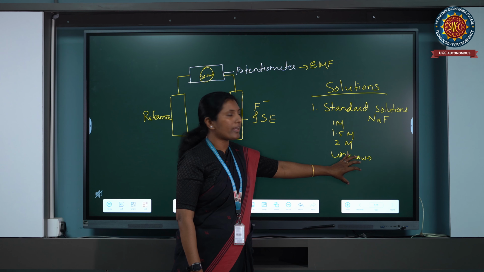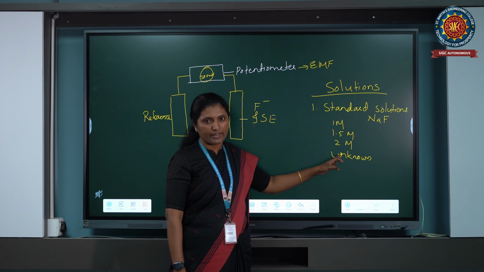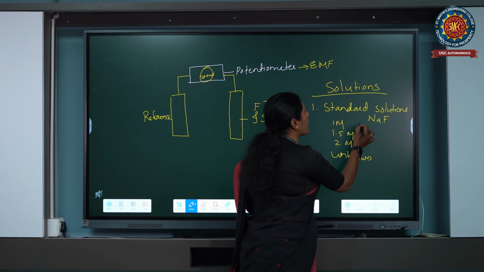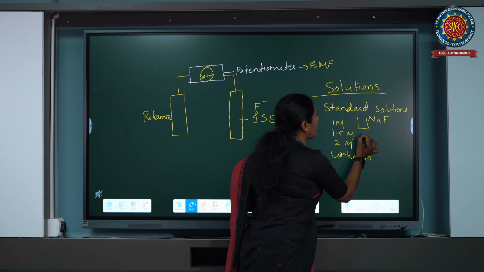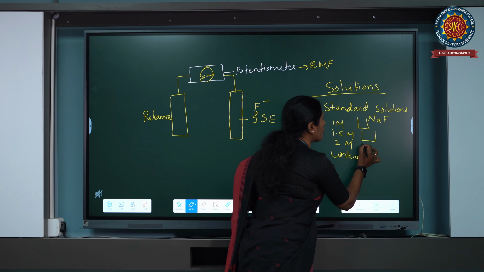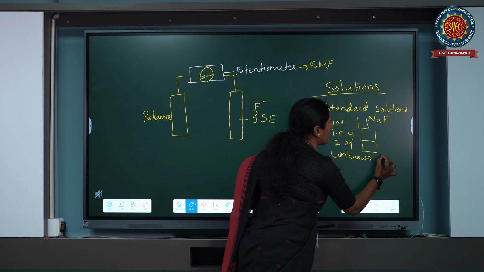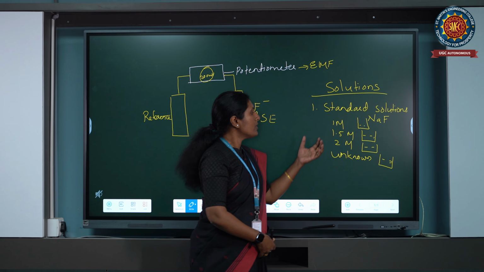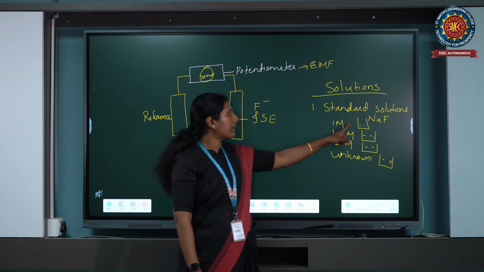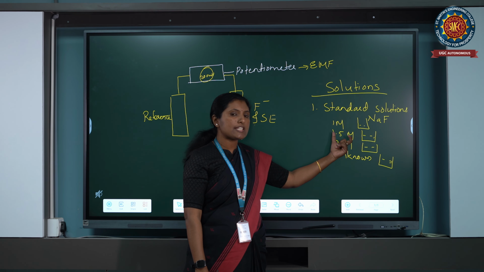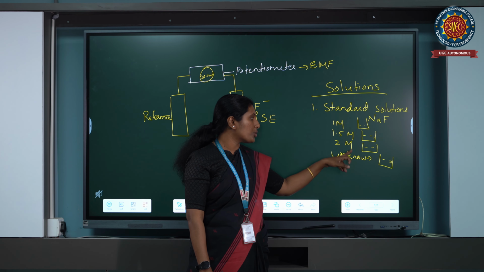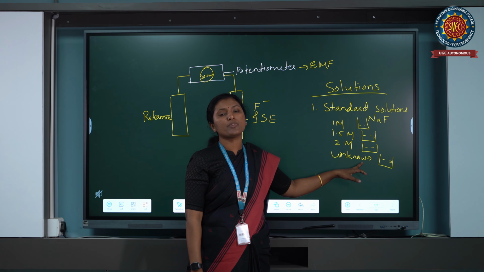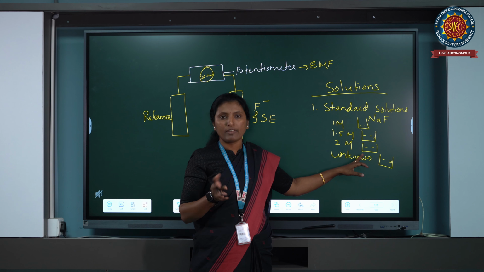Each 1 molar, 1.5 molar, 2 molar solution we prepared in a separate beaker, and the unknown solution in another beaker. So how many beakers do we have? One is 1 molar, next 1.5 molar, next 2 molar, and next the unknown solution, that is your boiled water.